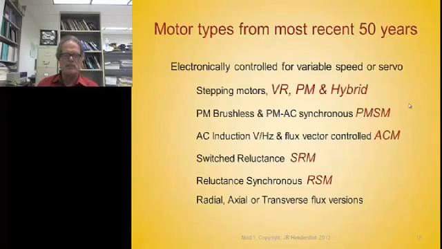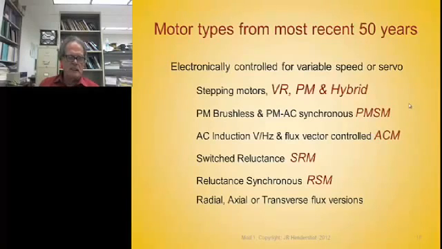If you just reverse the rotor and the stator, you put the magnets on the rotor and the windings in the stator. That was called a PM brushless motor. But later, as we'll see, when inverter designers started to run that motor from a slightly different power control source, they changed the name from PM brushless to PM AC, or a PM synchronous machine.